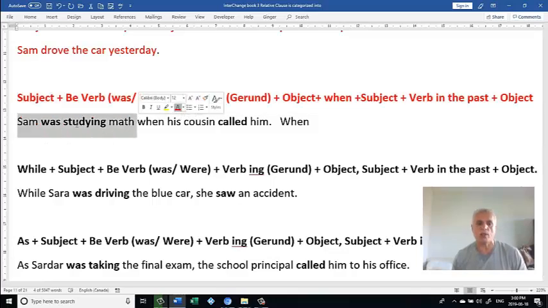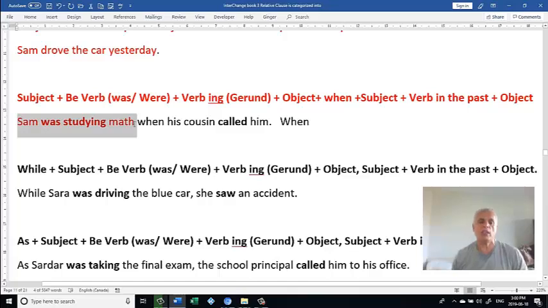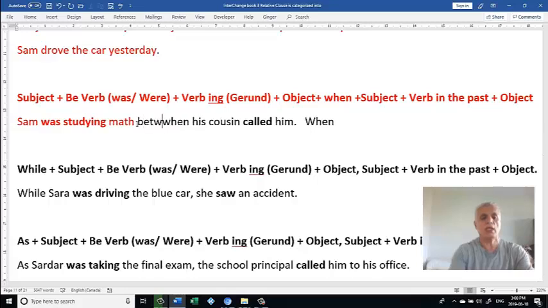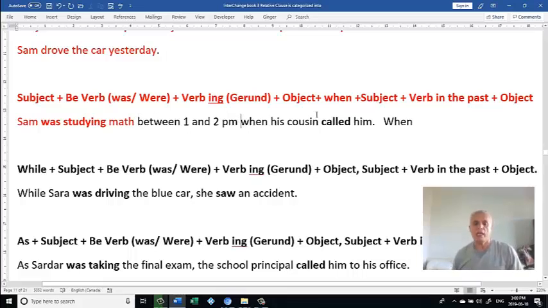That's the first clause. There was an action, studying math. Maybe let's say between 1 and 2 p.m. Then we say when his cousin called him.